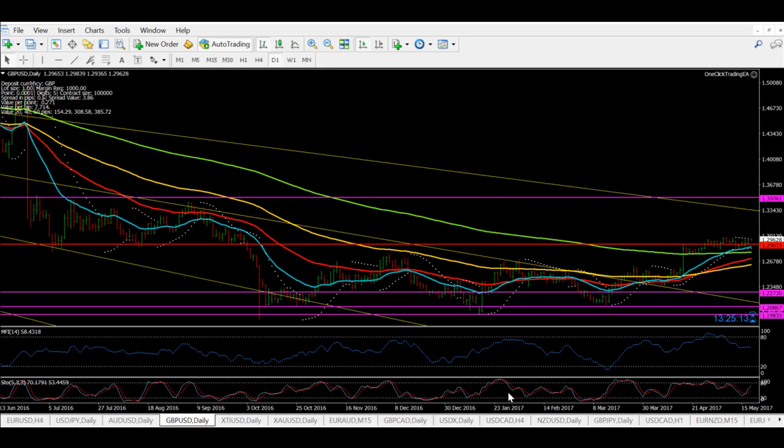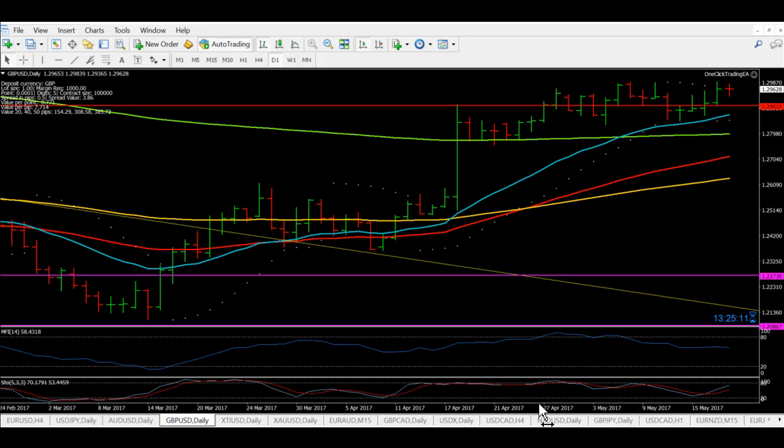Moving on to cable, and again what we'll do is flick this over to the daily time frame so we can see it in its honest truth and its bare format. As we can see, we're still in an area of consolidation after that aggressive bullish movement that we've seen over the course of the last few months. Potentially looking for it to break out of that area. It is very much at a key level, and that 1.29 level is key.